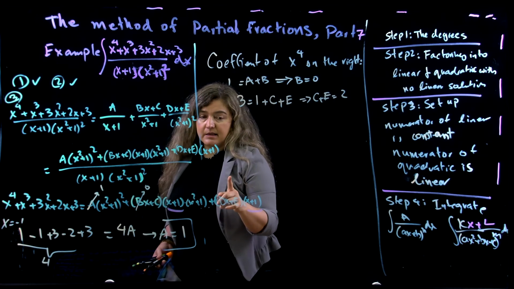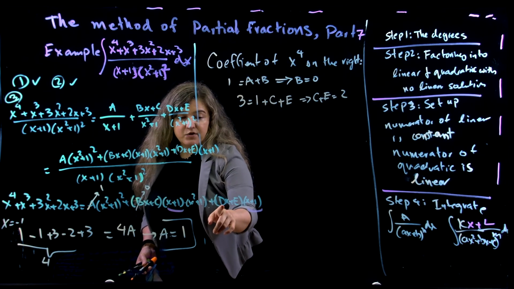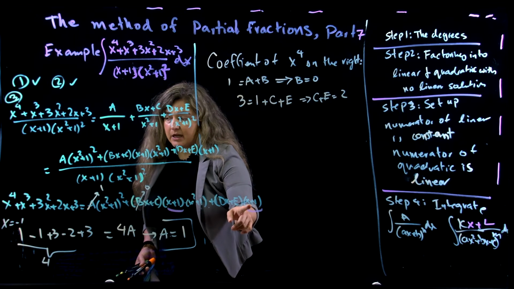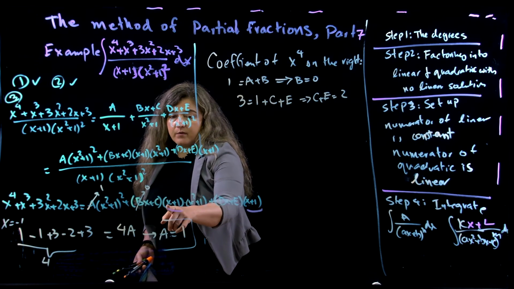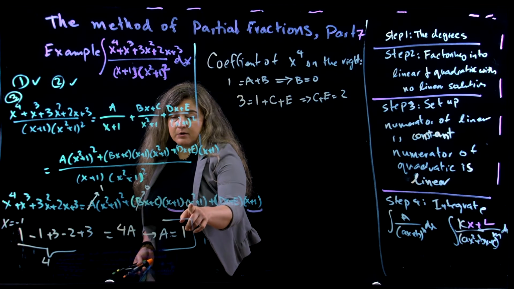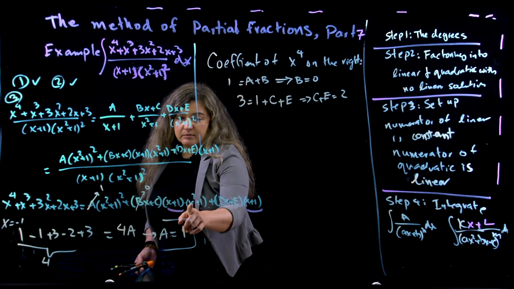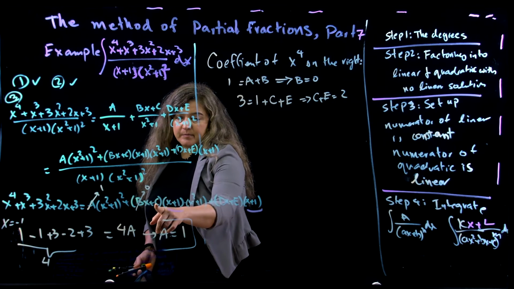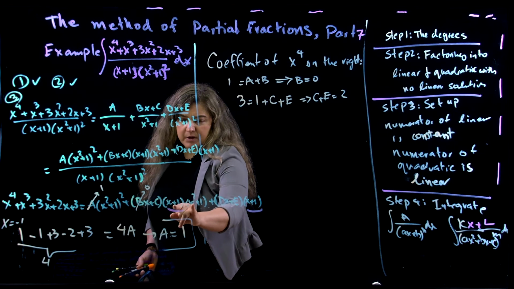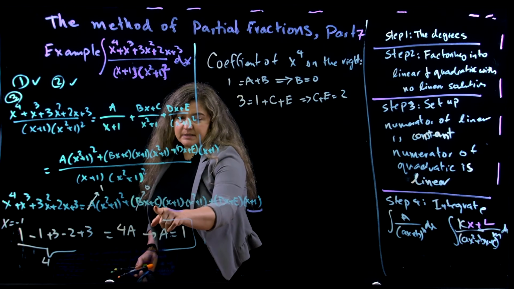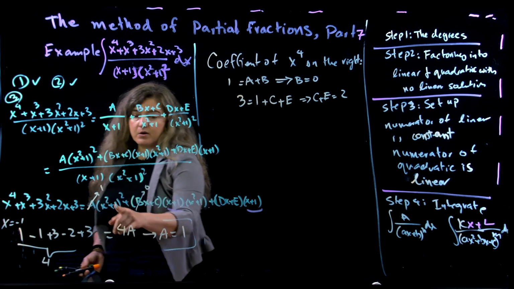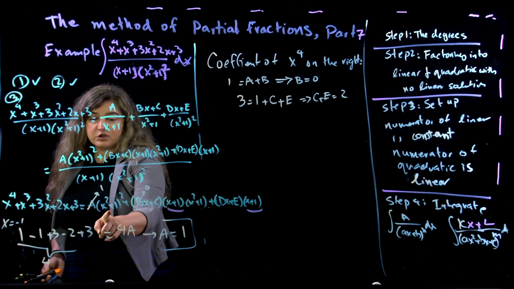d gives you the coefficient for x squared in here. Over here, what is the coefficient for x squared? When you multiply this through, the coefficient for x squared is going to be c, and over here the coefficient for x squared is 2.